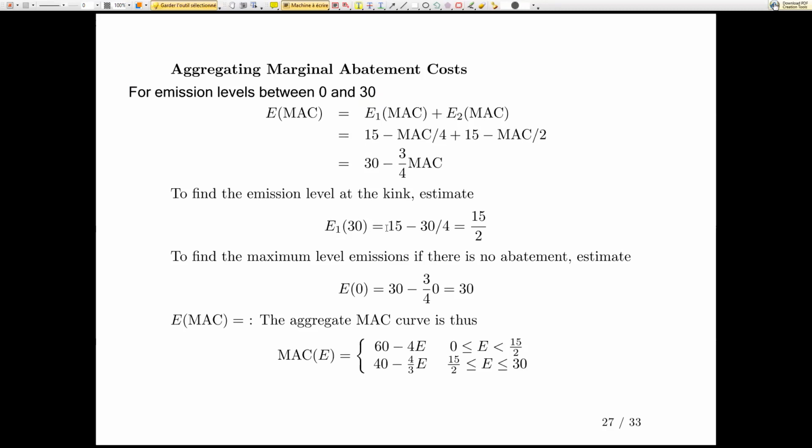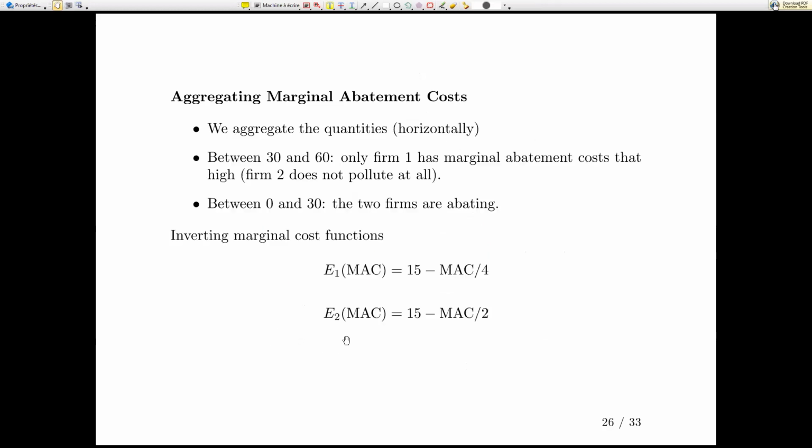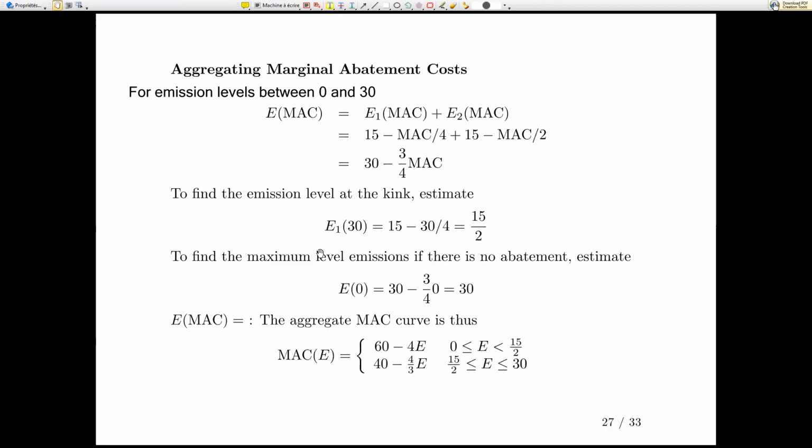I get 15 minus 30 divided by 4, so that's 15 divided by 2, so 7.5. So at 30, I'm at 7.5 for firm 1, and I know that I reach 0 for firm 2. Right?